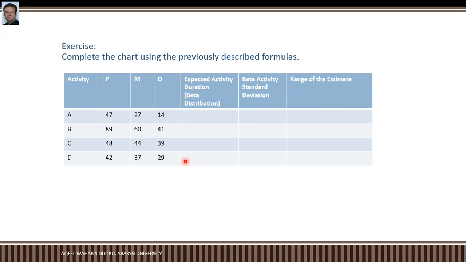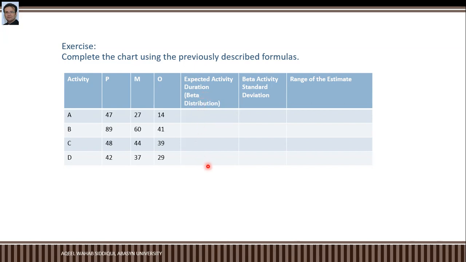The use of beta distribution gives stronger consideration to the most likely estimate derived from the program evaluation and review technique. This technique uses a formula to create a weighted average for work to be done, that is pessimistic plus 4 into most likely plus optimistic and divide by 6. So it's your assignment that you find expected activity duration based on beta distribution here in this column.